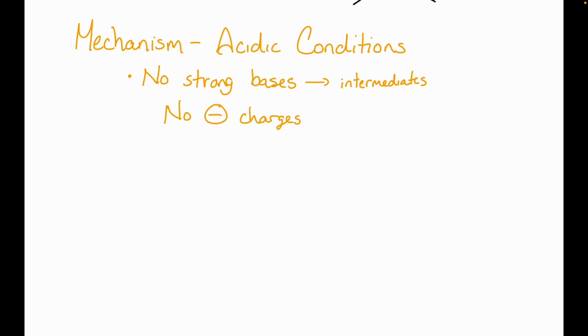So if you have a mechanism being carried out under acidic conditions, you're not going to see any negative charges on any of your intermediates, okay? The one exception, just for the sake of being good, and this isn't even going to be relevant for these ones, is that we accept chlorides, bromides, or iodides because they're such terrible bases.